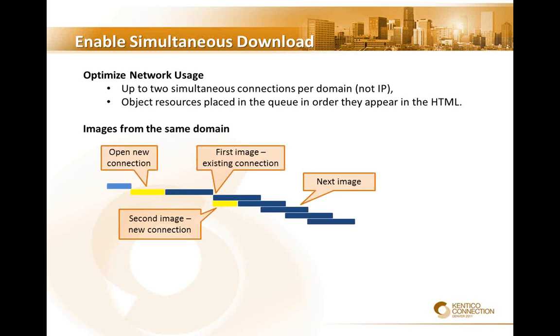So let's take a look at the example. This would be a simple page that has basically no text content, but all that's contained within the body tag would be 1, 2, 3, 4, 5 images, as you can see. All those images are retrieved from the same domain, so www.something.com, let's say.